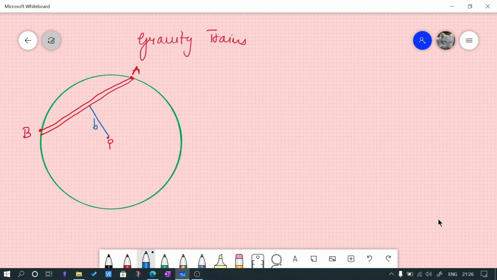This is B. This is point X, the temporary position of the point particle when released from A. This distance is R. This distance is X.